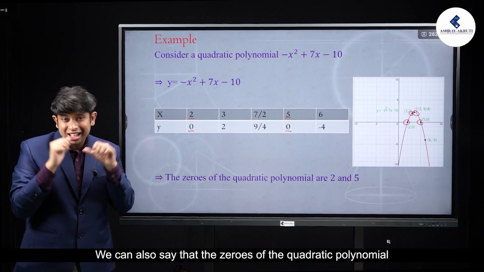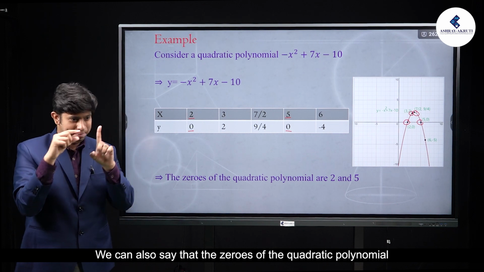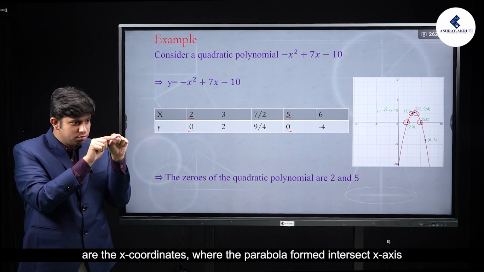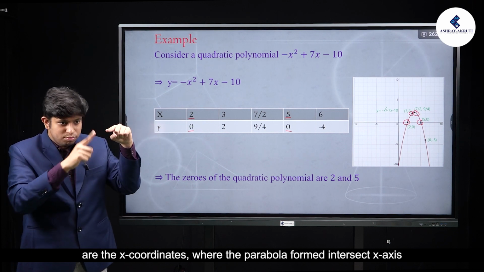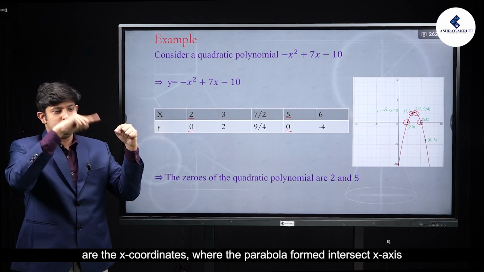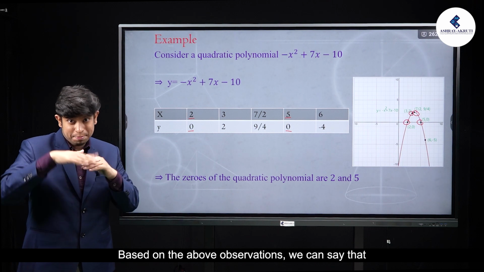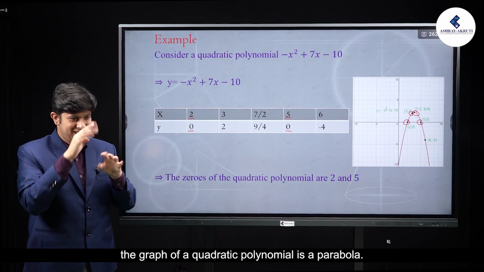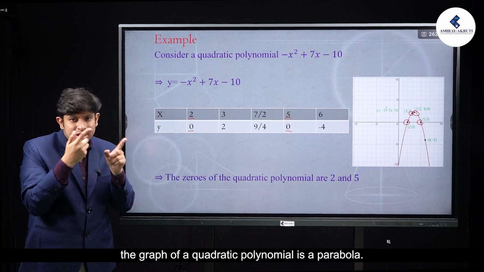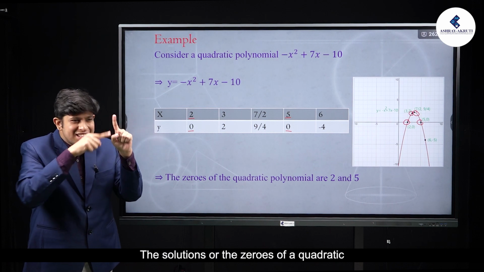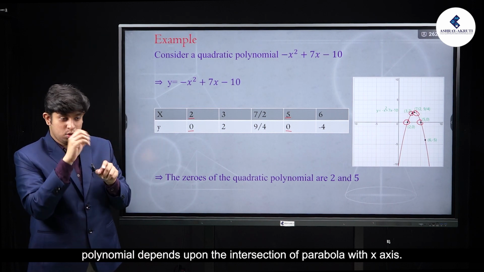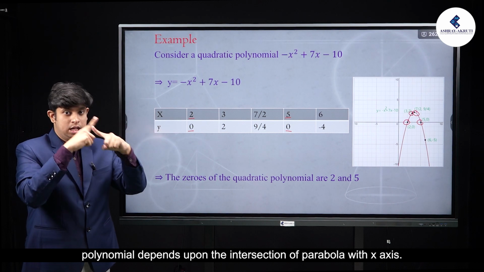We can also say that the zeros of the quadratic polynomial are the x coordinates where the parabola formed intersects the x axis. Based on the above observations, we can say that the graph of a quadratic polynomial is a parabola. The solutions or the zeros of a quadratic polynomial depend upon the intersection of the parabola with the x axis.